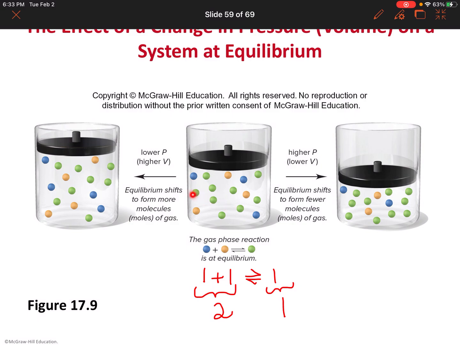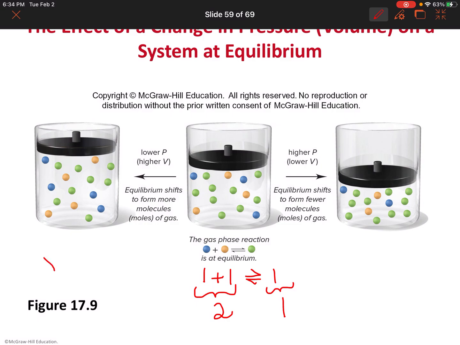Now what are we going to do? We lower the pressure. Remember, the pressure and volume have a reciprocal relationship. When you lower the pressure, what happens? Volume increases, right? So when the volume increases, what is the relationship between volume and number of moles? Remember the Avogadro law.